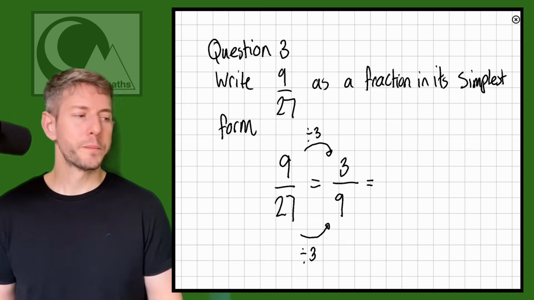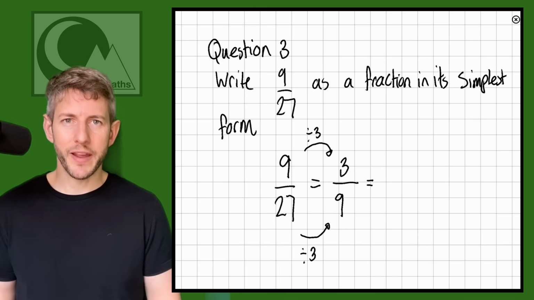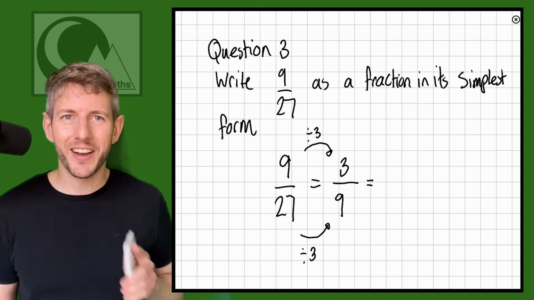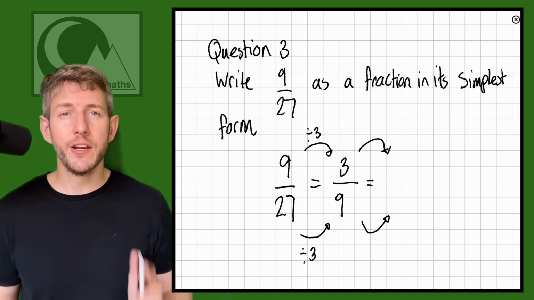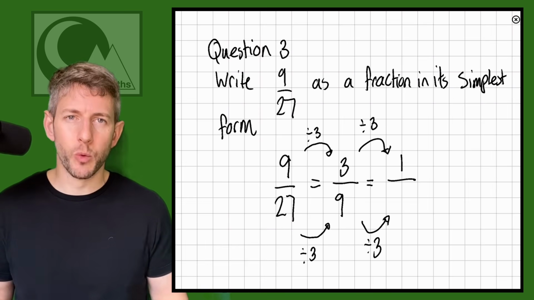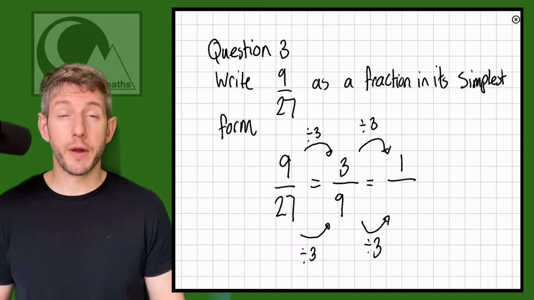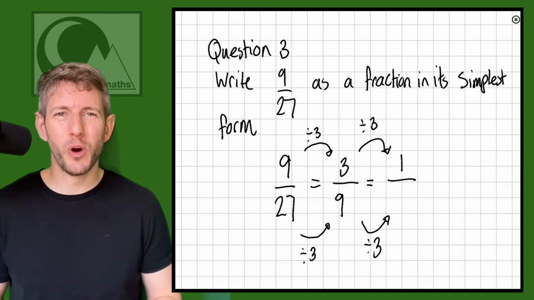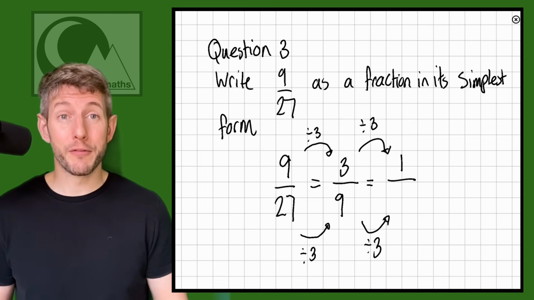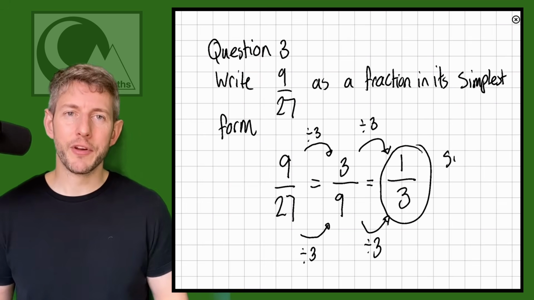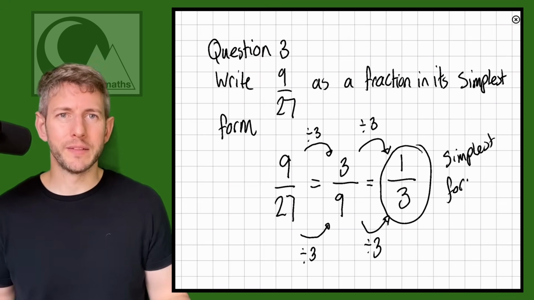So therefore, 9 over 27 equals 3 over 9. Can I go again? Yes, I can, because 3 and 9 are both divisible by 3. So 3 divided by 3 is 1, and 9 divided by 3 is 3. So there we go. 9 over 27 equals 1 over 3.